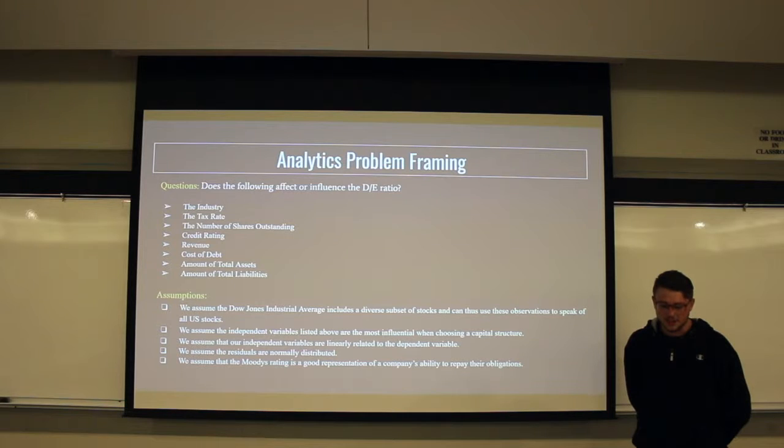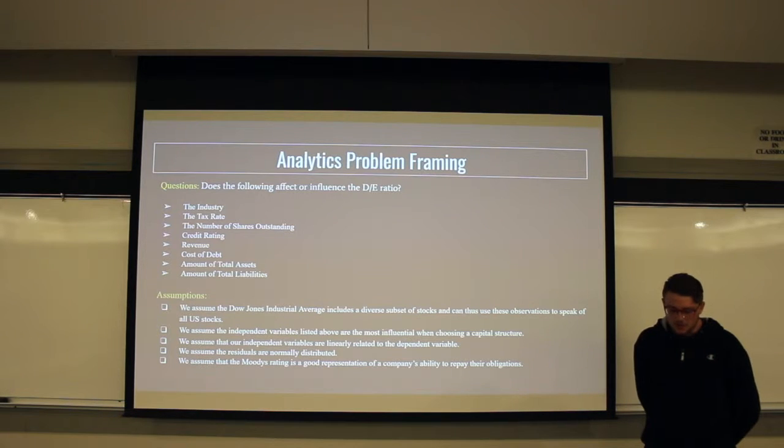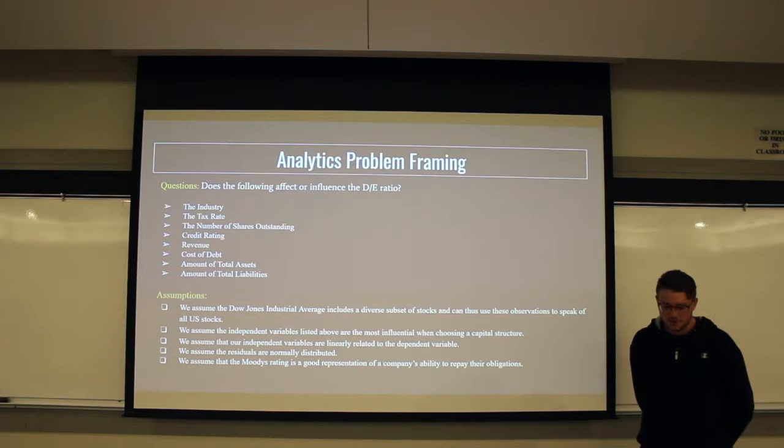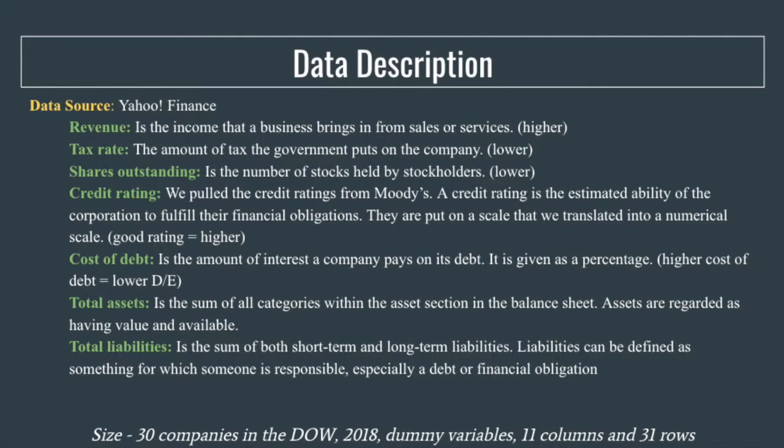We assume that our independent variables are linearly related to our dependent variable. We also assume that the residuals are normally distributed. And finally, we can assume that Moody's rating is a good representation of a company's ability to repay their obligations. Moody's is one of the 3 big credit rating agencies which rates company bonds.